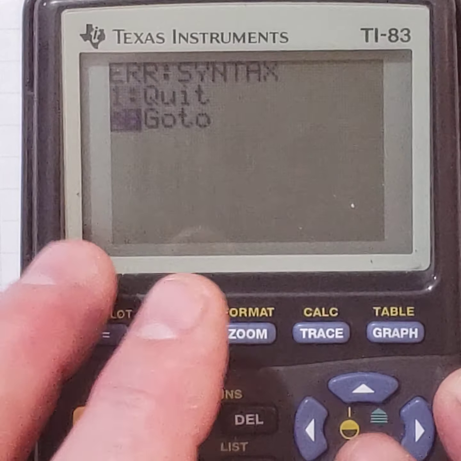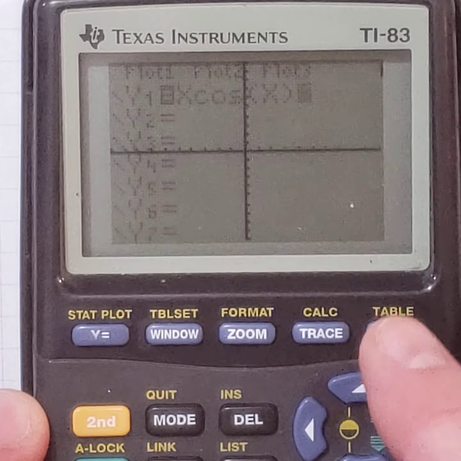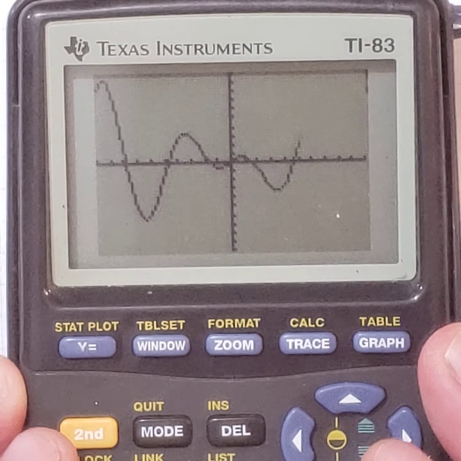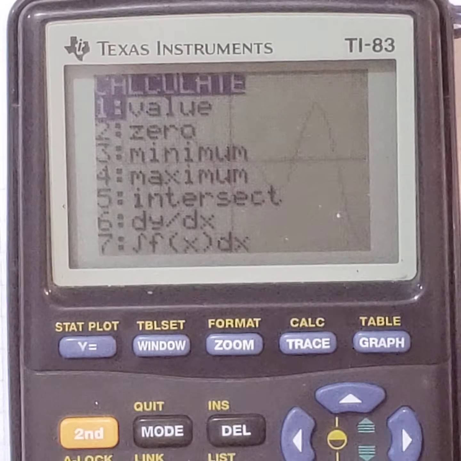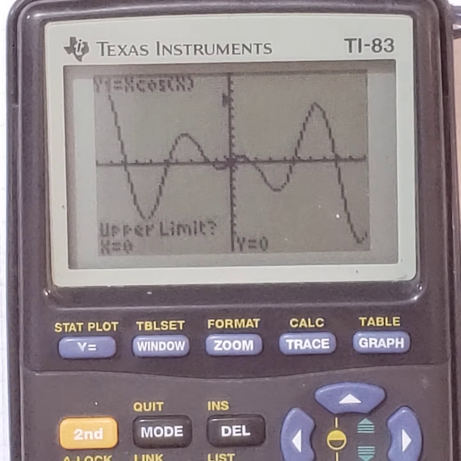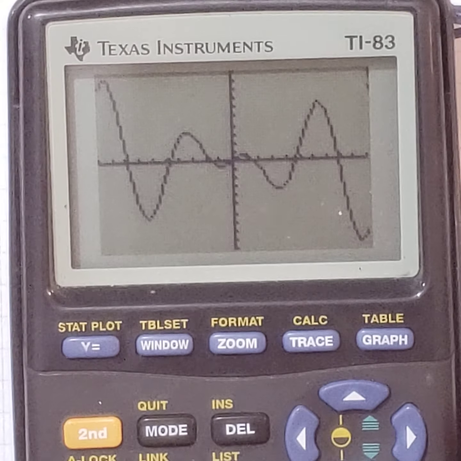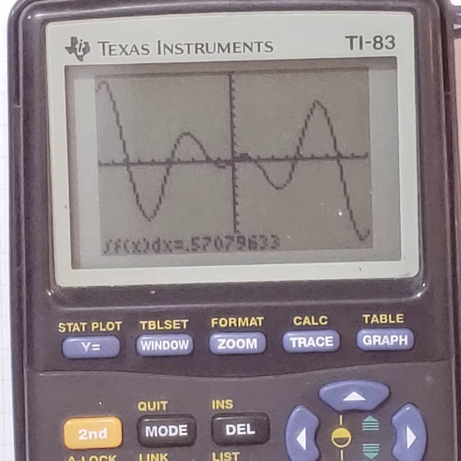Oops, I did something wrong. X cosine x, and we're doing the second calc 7 from 0 to pi divided by 2. And that gives us that little shape, which is 0.57.